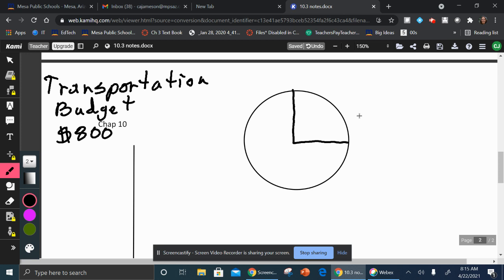We have fuel. We have insurance. We have repairs. We have car wash. I like to get our car washed. Parking.